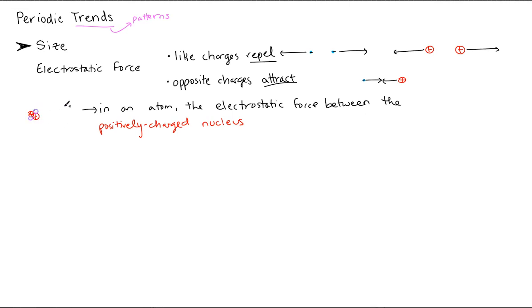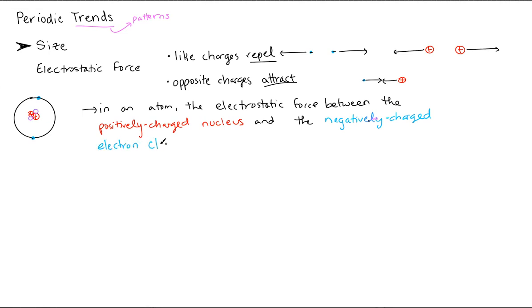They also have some neutrons that are neutral, right? They have no charge. And then surrounding our atom in orbitals, and I'm just going to draw it now as a ring, as in our Bohr model, we have electrons, right? So when we're looking at electrostatic force in an atom, we're looking at the force between the positively charged nucleus and the negatively charged electron cloud.